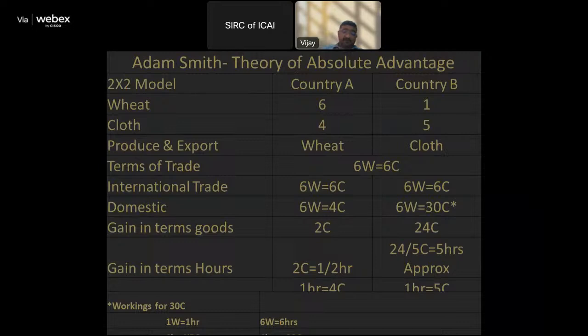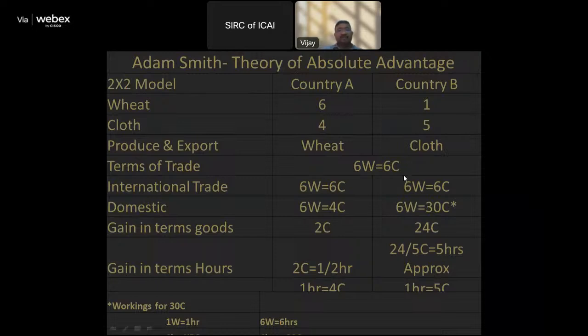But if I produce 6 wheat, and one more 6 wheat for country B, and I export, then I will get 6 cloth, which is more than my domestic production by 2 cloth yards. That is the 2 cloth gain on international trade. I hope you are able to understand now.